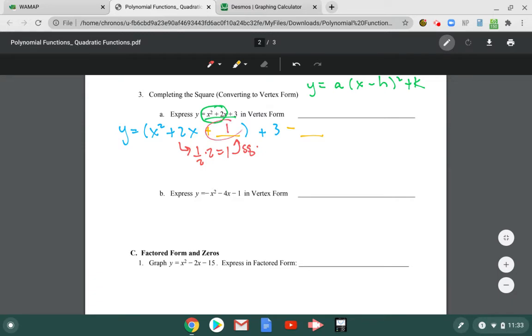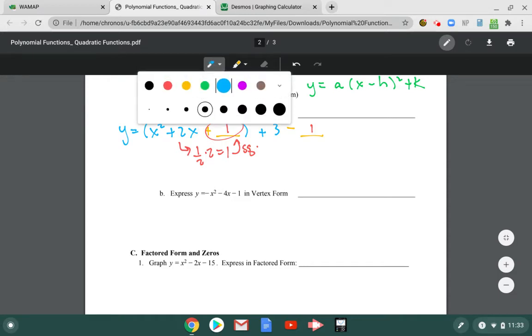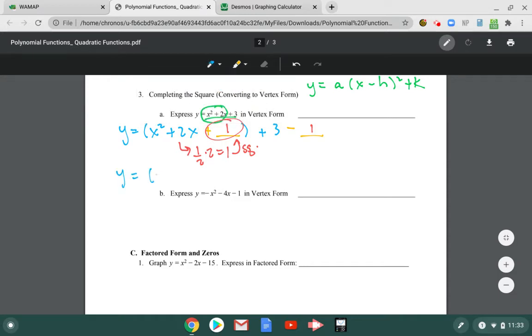But I've changed my function. I increased it by 1, so I've got to go on the outside here and decrease it by 1. If I write what I've got and simplify just a little bit, I've got my perfect square. It's going to factor into something squared. This right here is our perfect square. Plus 3 minus 1, that's going to be plus 2.